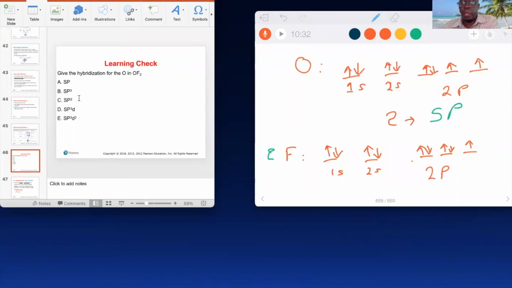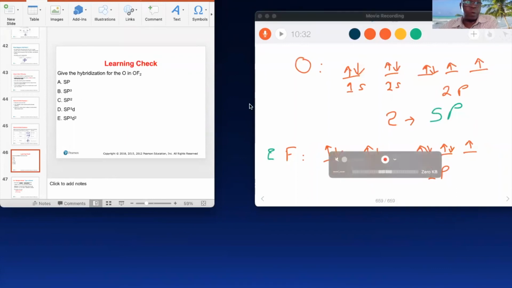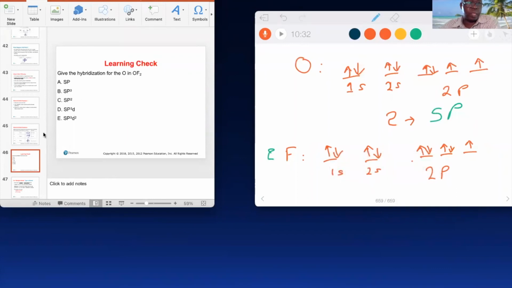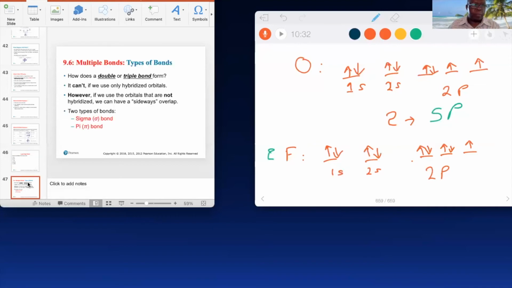So sp2. You're using 2 of the lone pairs of electrons for that oxygen. So to do this, you need to draw the up and down or orbital filling diagram to see the lone pairs of electrons, which one you are going to hybridize in order to form the overlap.